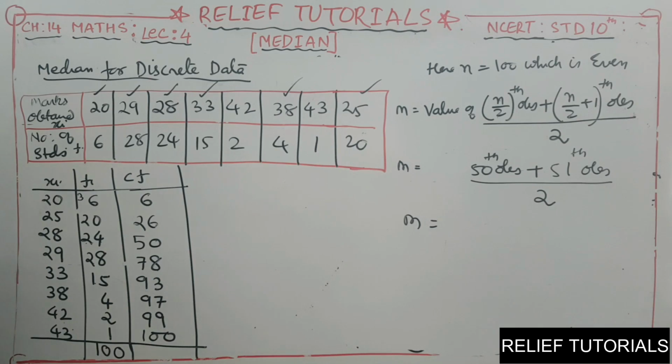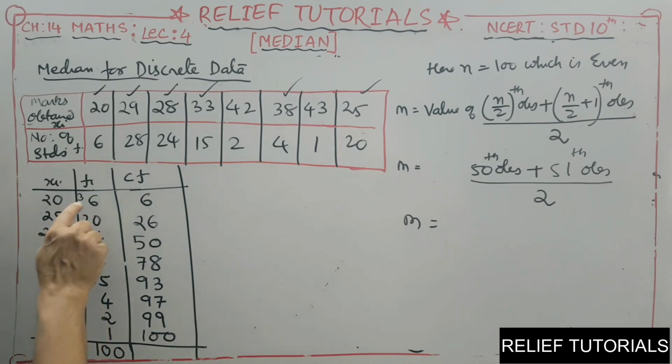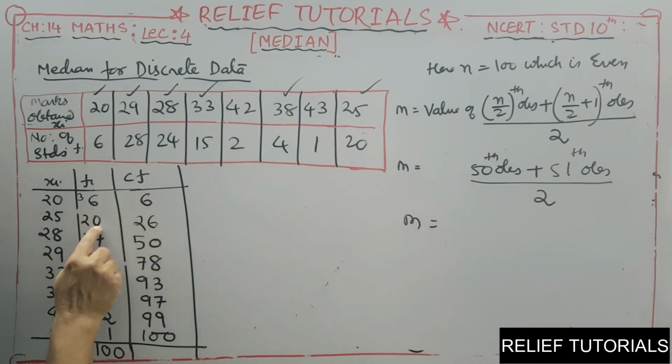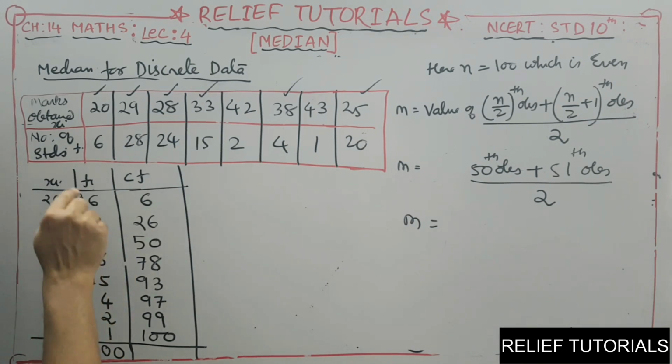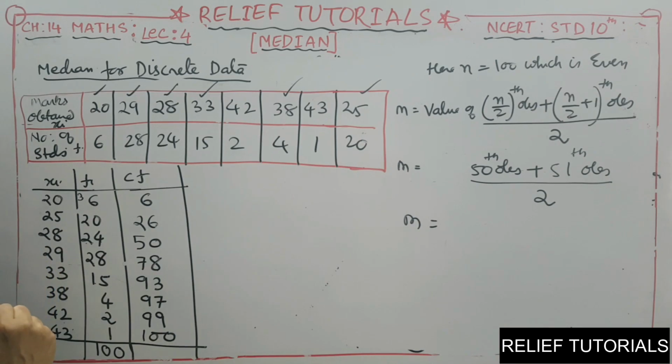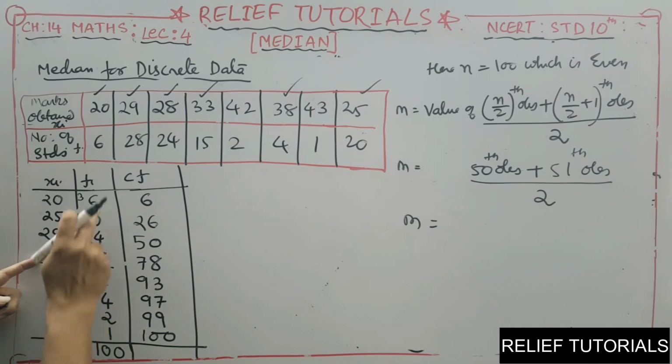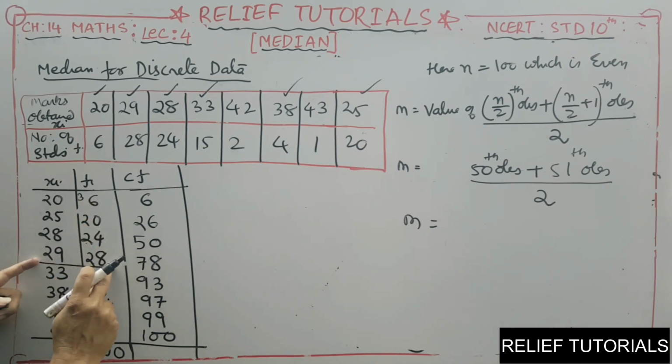So this is the cumulative frequency. You know how to find cumulative frequency? 6, 6, then you add these two. The cumulative frequency of any observation is the sum of all the frequencies up to that observation. For example, if I want to find the cumulative frequency of 29, I have to add all the frequencies up to 29: 6 plus 20 plus 24 plus 28.